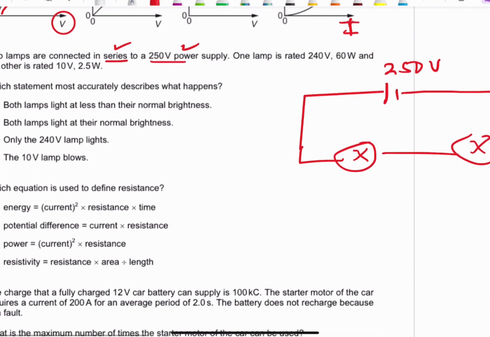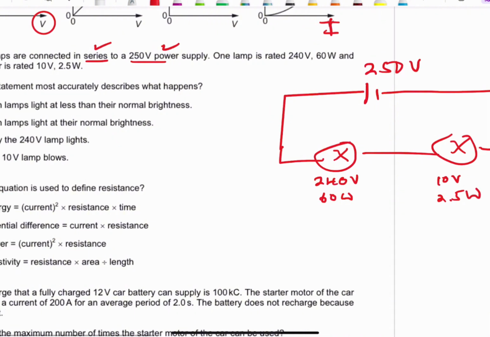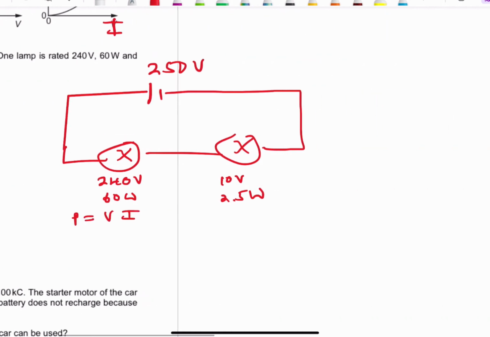One lamp is rated 240 volts and 60 watts. The other lamp is rated 10 volts and 2.5 watts. If I want to find the current, I know that power is VI. So the current over here will be 2.5 divided by 10, which is 0.25 amps.